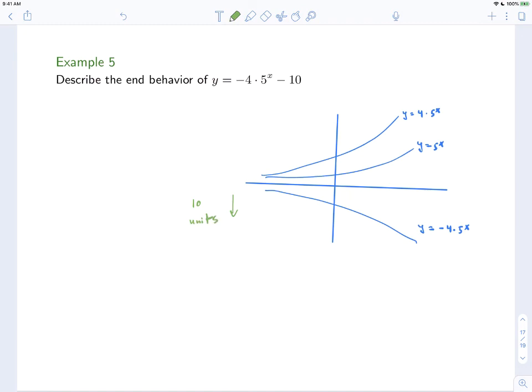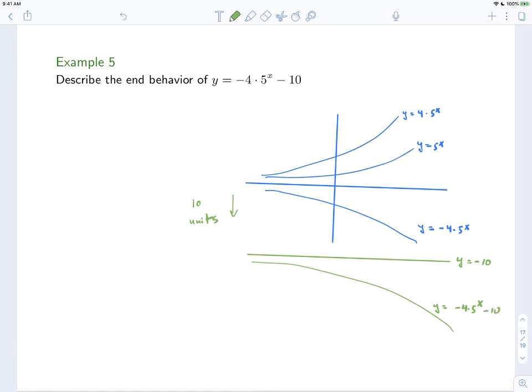So the horizontal asymptote goes down by 10, which is going to be down here somewhere. So this is going to be y equals negative 10. And then we're going to have our graph that looks kind of like that. So this is y equals negative 4 times 5 to the x minus 10.